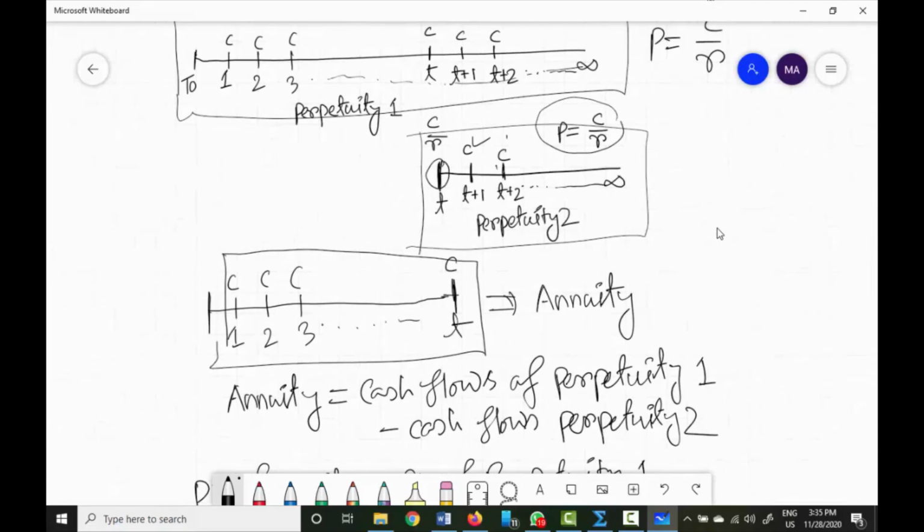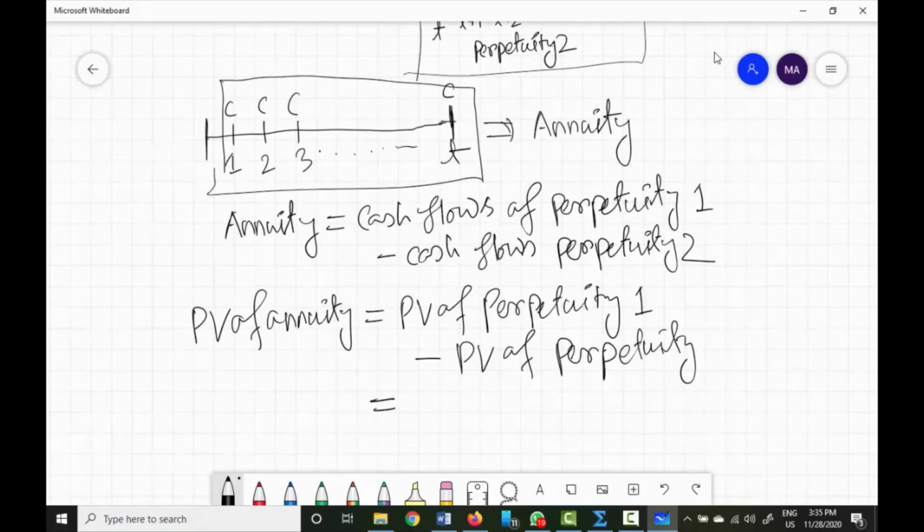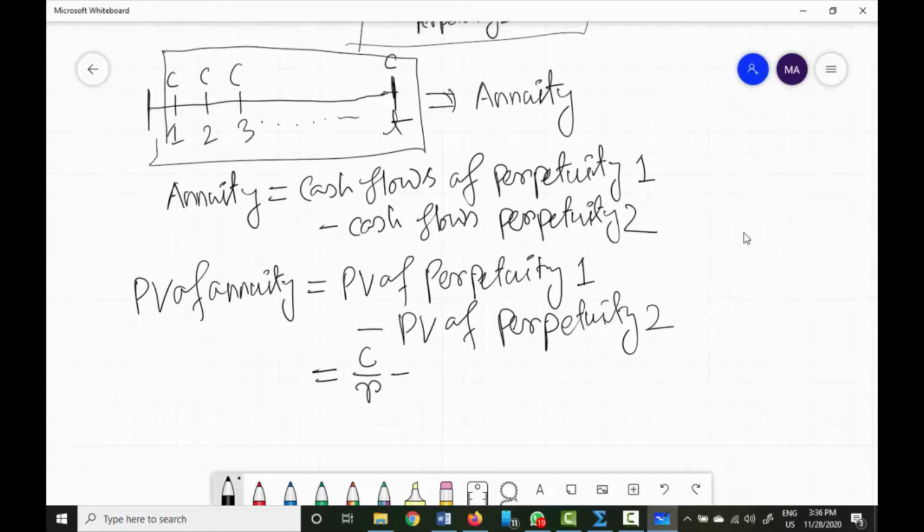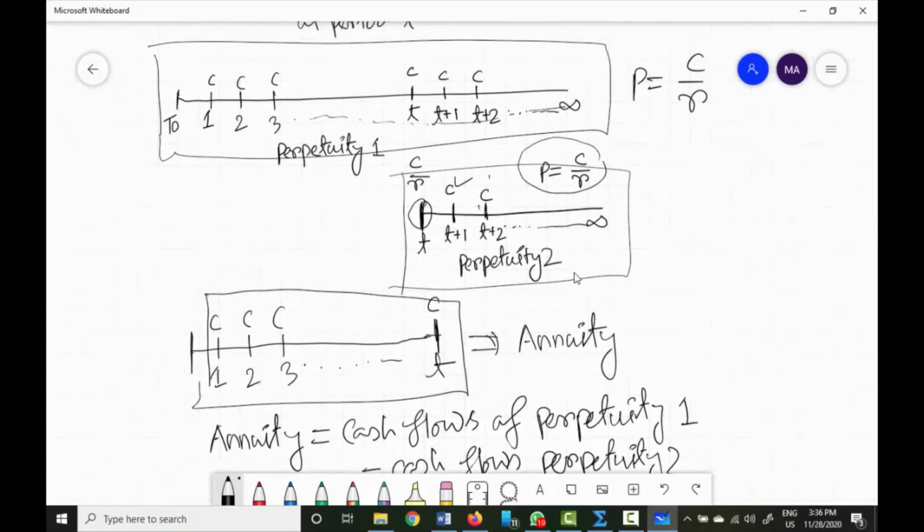So the present value of the annuity is C divided by R minus the present value of perpetuity 2. As I have told you before, perpetuity 2 has started from T period, and its cash flows have started from T plus 1 period.